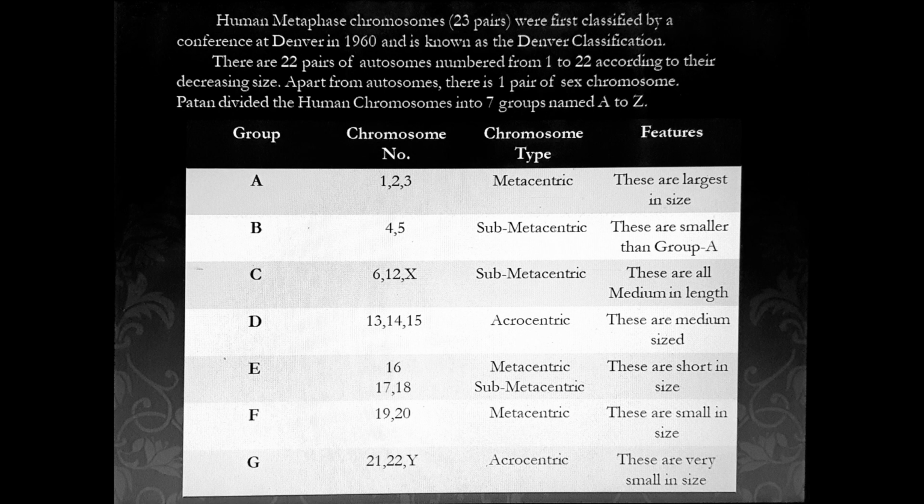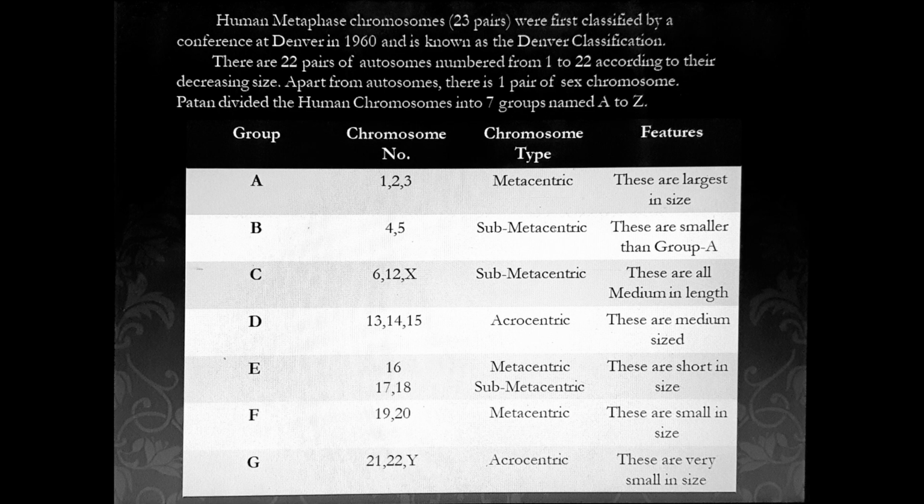Then there is group D, which includes medium sized acrocentric chromosomes number 13, 14 and 15 with one very small and one very large arm. They are all morphologically similar. Then there are group E chromosomes. Group E has two morphologically distinguishable categories. Chromosome number 16 is short and metacentric, whereas 17 and 18 are submetacentric chromosomes.